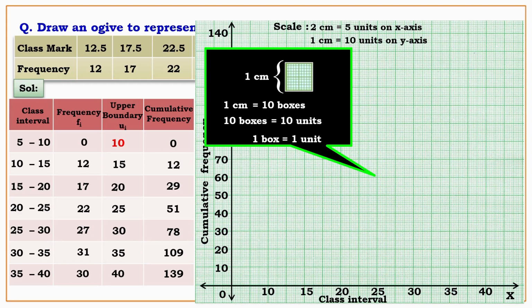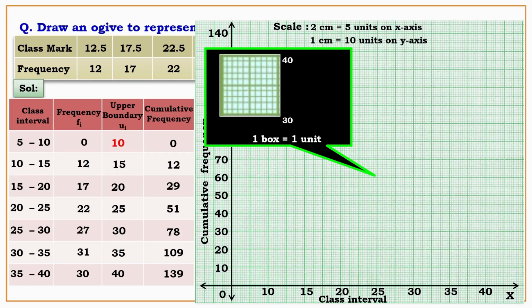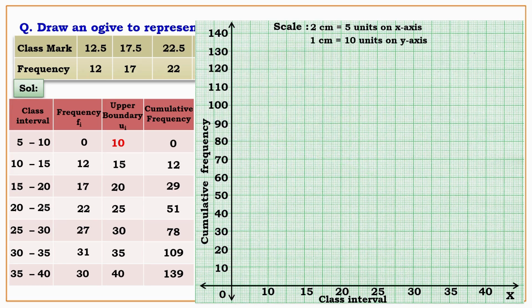So that means 10 boxes equal to 10 units. So one box is equal to 1 unit. Now this is the 30 to 40 range, the entire bigger box. So in between it will have 31, 32. In this way, now plot all the points.